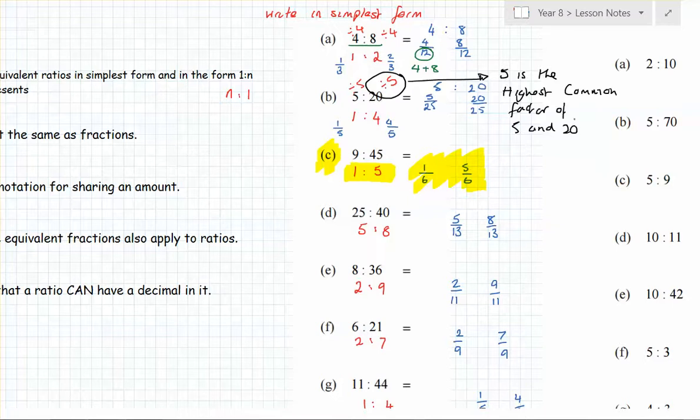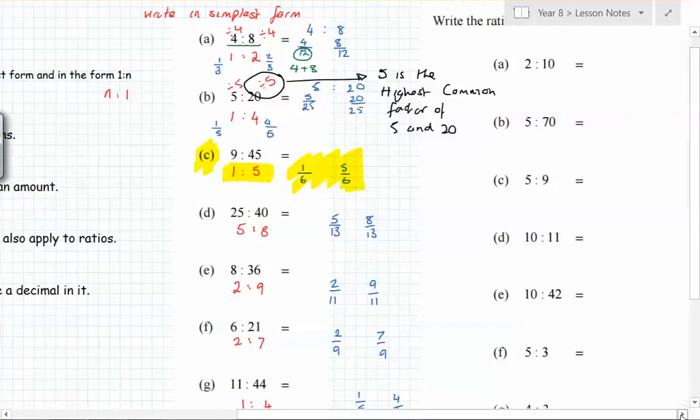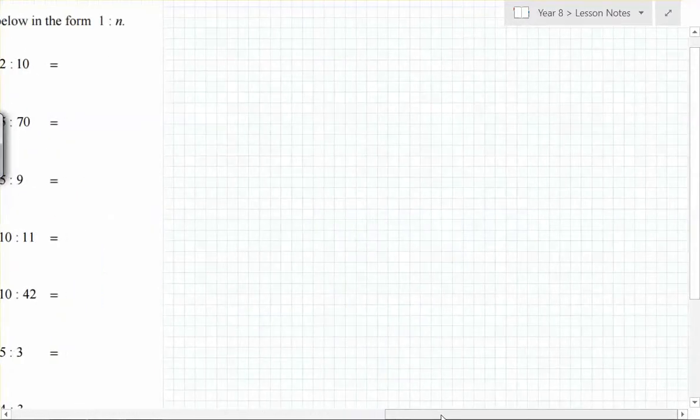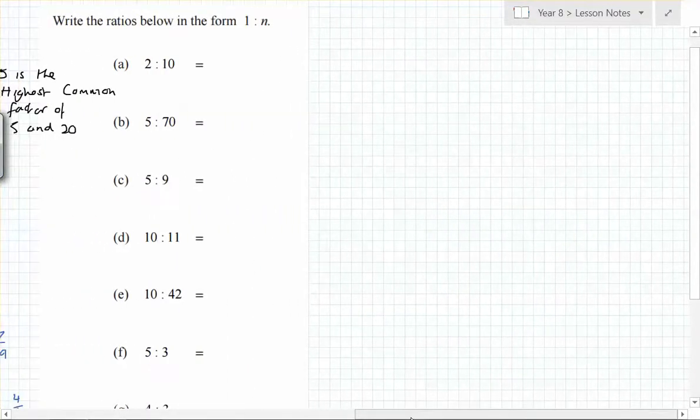Now I did say last time that fractions can't have decimals in them, but ratios can. That's what makes them a bit different. So we have two things with ratios. We have simplest form, which is the same as simplest form with fractions, and then we have the form 1 to n. You could also do n to 1.